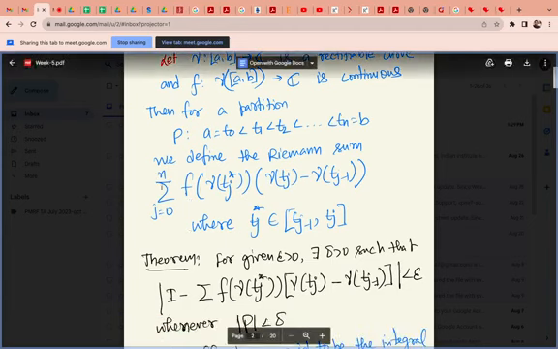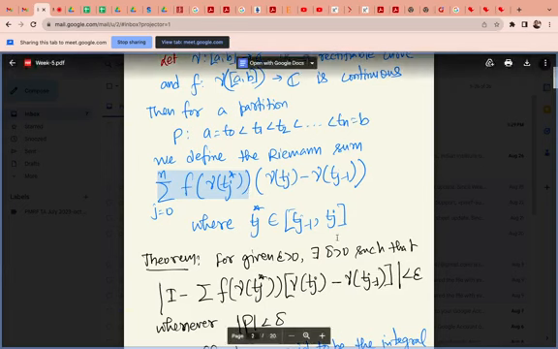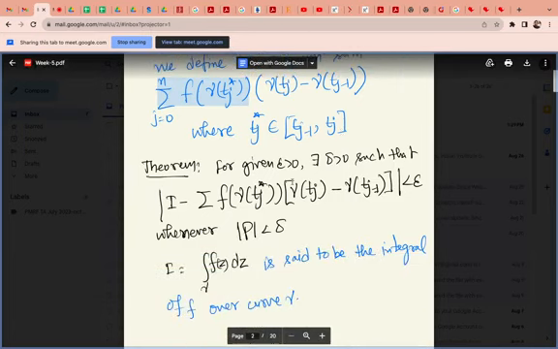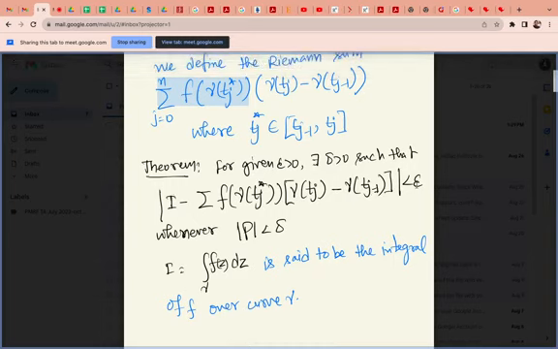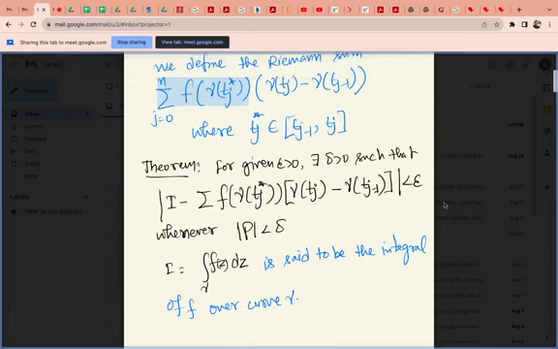This is the Riemann sum of f of gamma tj star times gamma of tj minus gamma of tj minus 1. Now the theorem says that for a given epsilon greater than 0, there exists a delta such that the absolute value of I minus this sum is less than epsilon whenever the norm of P is less than delta.